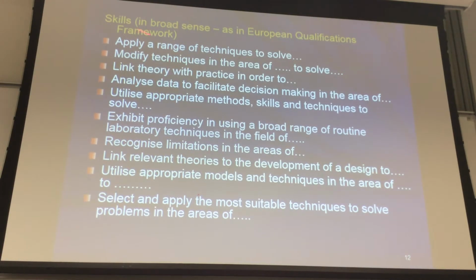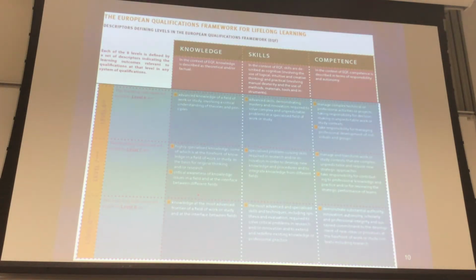What about skills? Now the word skills is a very broad term. Skills in the European qualification framework. If we just go back to this diagram, this is on the web and it's very important. This is like our Bible for drawing up new programs in Europe to be compliant with Bologna.